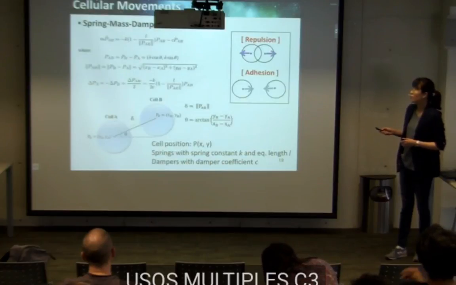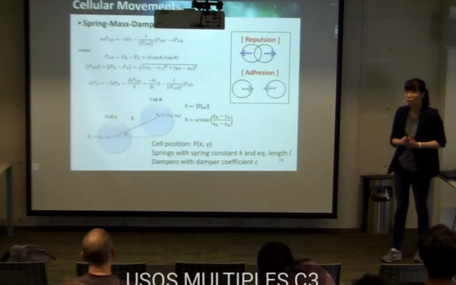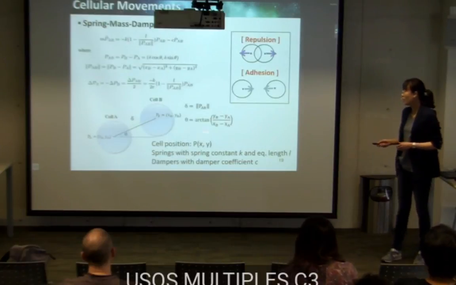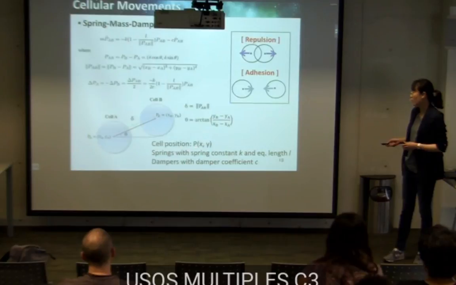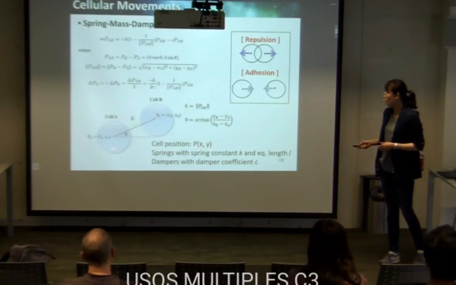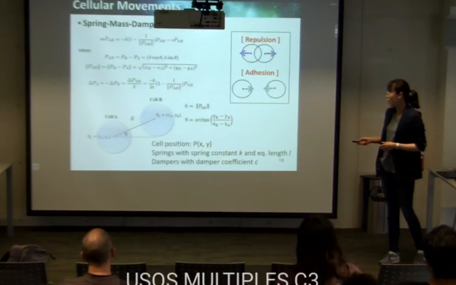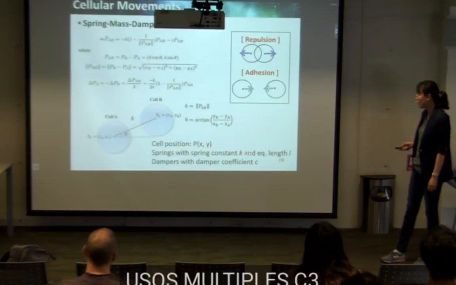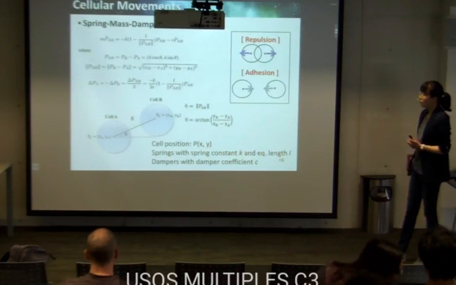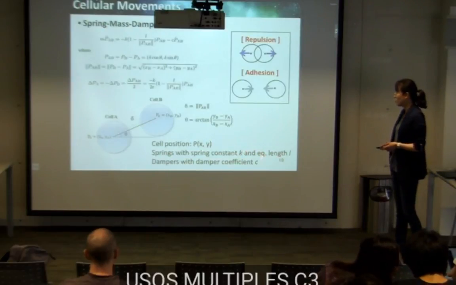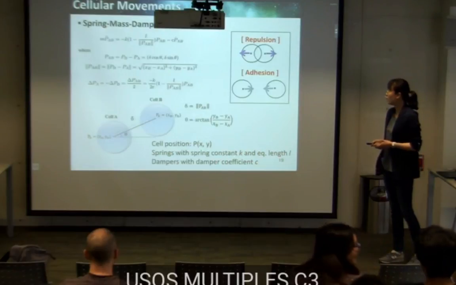Thirdly, cellular movements. We used spring mass damper kinetics for cellular movements. Each cell has the cell position x, y in a Cartesian coordinate system. The edges connecting cell centers are modeled as springs with spring constant K and spring equilibrium length L. And for viscous resistance, dampers with damper coefficient C were included.